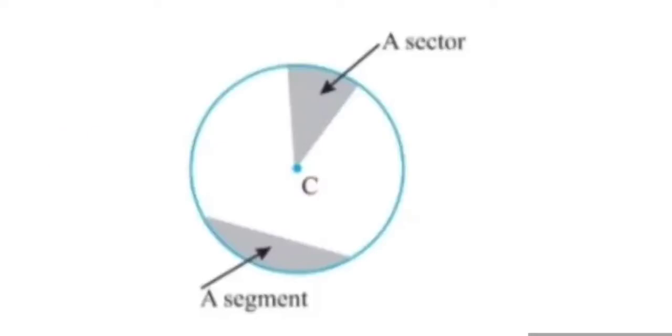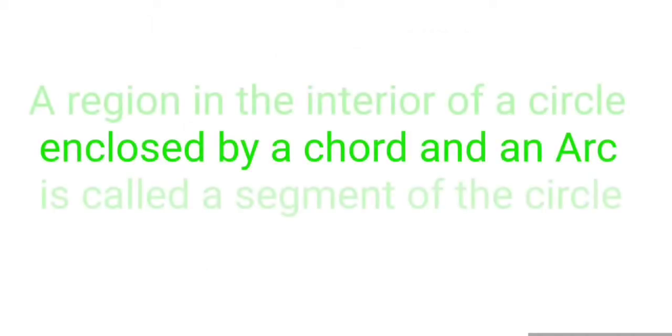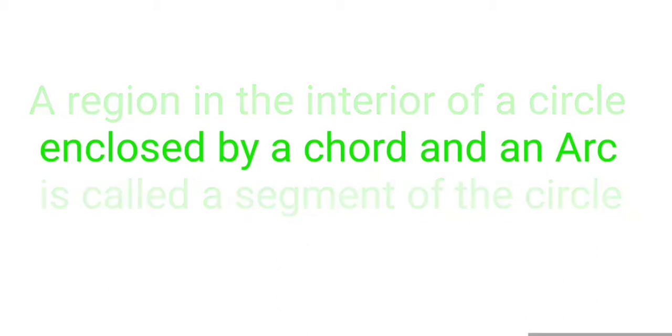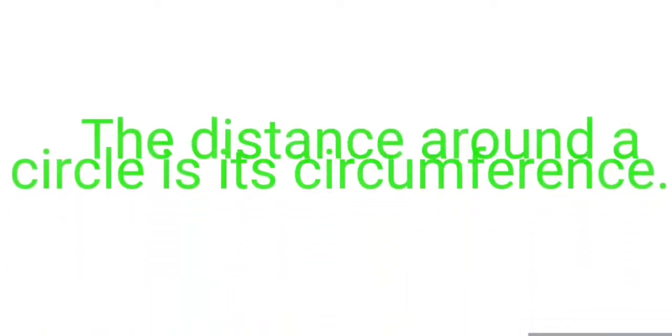Clear? Scholars, you can see this figure. So this shaded portion is called what? Sector. Now a region in the interior of a circle enclosed by a chord and an arc is called a segment of the circle. And the distance around a circle is its circumference.